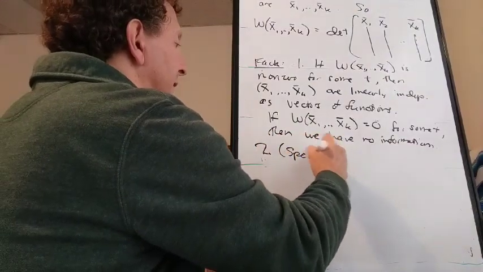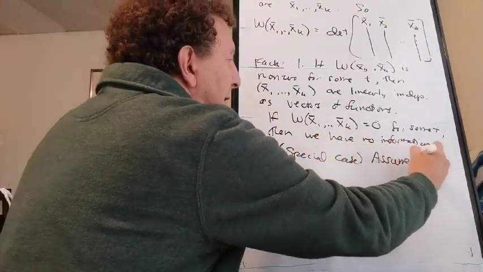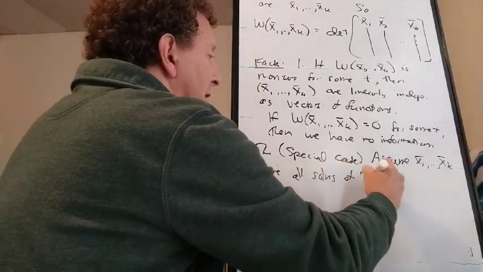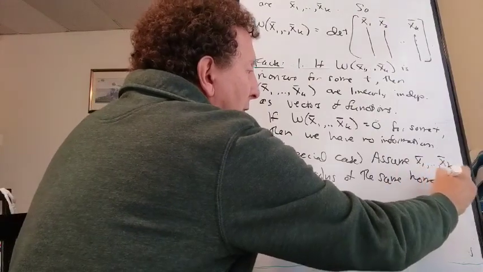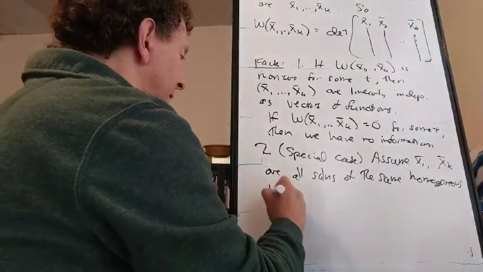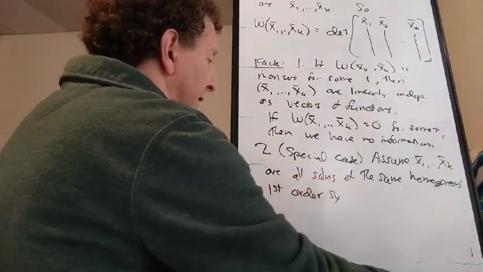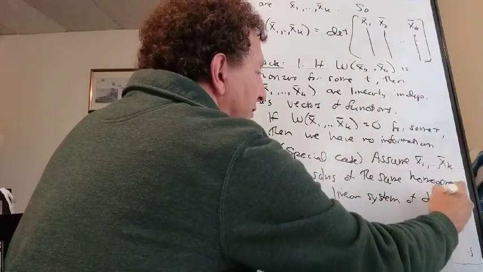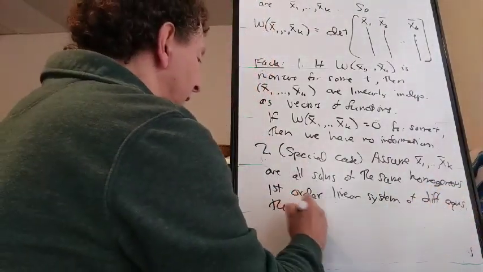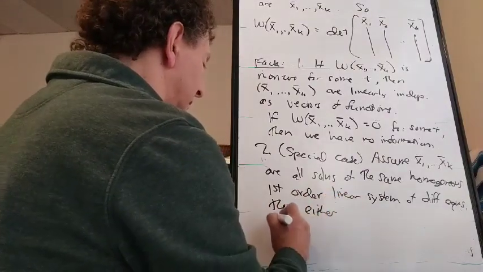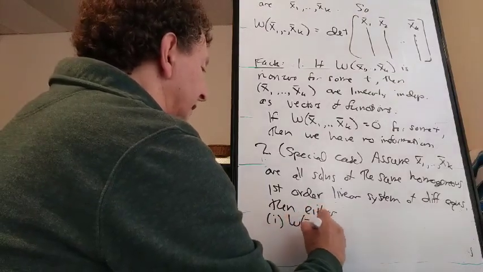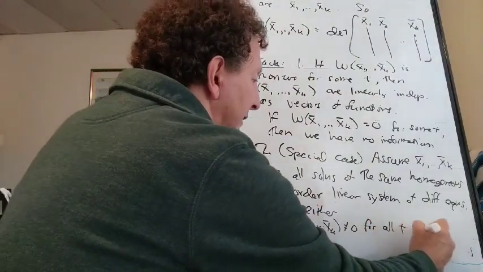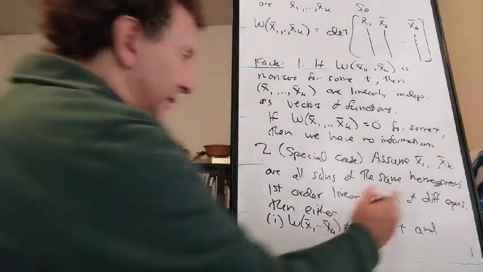On the other hand, we have a special case. Again, if we assume that x1 through xk are all solutions of the same homogeneous first order linear system of differential equations, then either one, we have the Wronskian being non-zero for all t, and these functions are linearly independent.